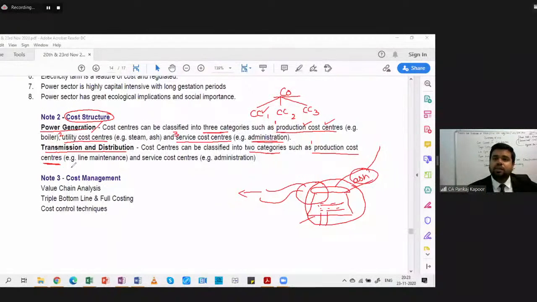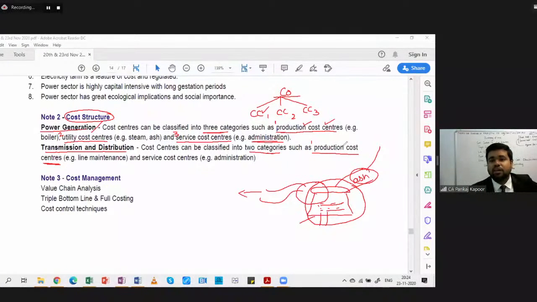Nowadays, you pay the electricity bill online. Earlier, people used to go to the electricity office to pay the bill, and the electricity office is nothing but a small substation. Although larger substations are there, and at the end there is a generation station from where the power is generated. Okay, so those substations are nothing but the production cost center.